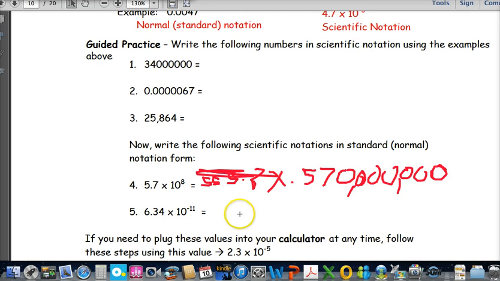Now if we look at this one, we have to move it 11 places. So you're going to start out with 0. And we have to move it 11 places to the left because it's a negative exponent.